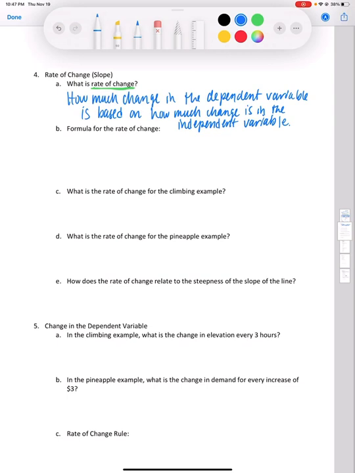Now there's a formula for the rate of change, and our formulas in this class, and especially in this chapter, we're going to try and use words as much as we can. So the formula is the rate of change.